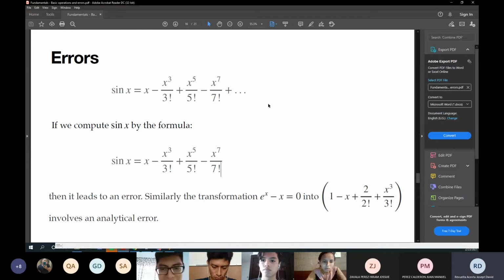Ya no me deja poner más. ¿Cuánto les da? Menos 0.9587.